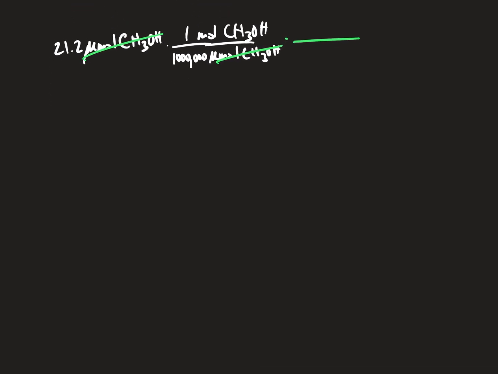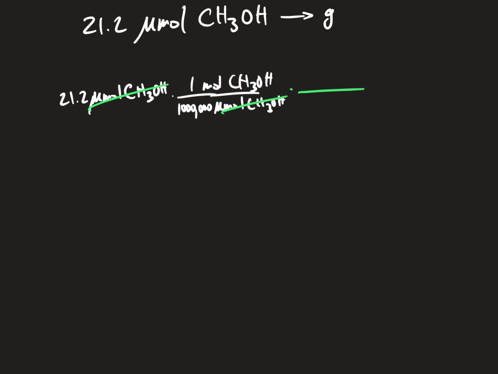Do you want to finish that one? Okay. So what's the molar mass of CH3OH? What is it? 32.01, or we could even just say it's 32, right? 32 grams of CH3OH.